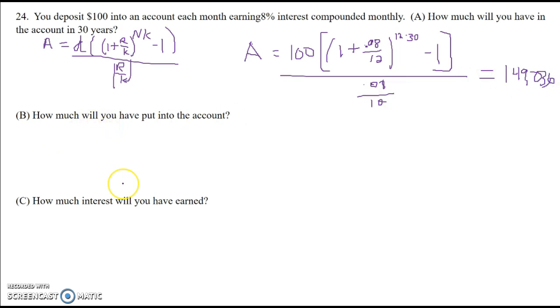So this says, how much will you have put into the account? Well, I'm going to put in $100 a month. So I'm going to put in $1,200 a year.